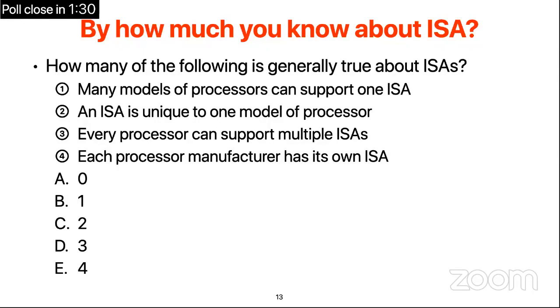Just because I feel like ISA is more like a language, like Java and C. It makes more sense. One instruction set can be used on different models, and there can be multiple models supporting this set, and 1 and 2 seem to contradict each other, and so do 3 and 4.